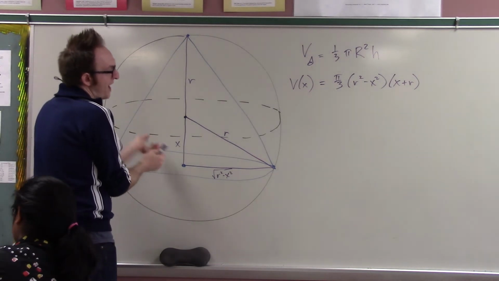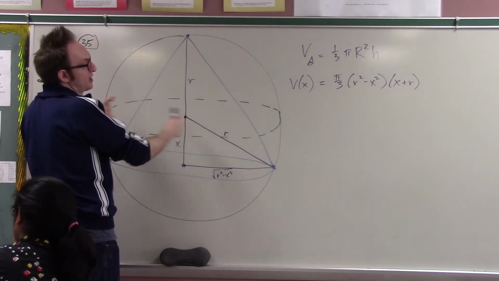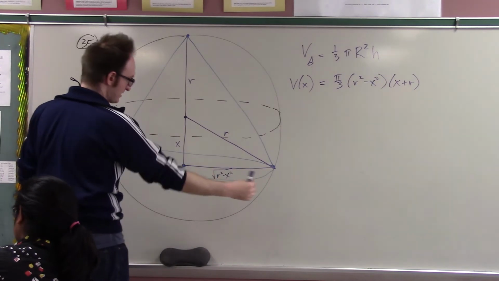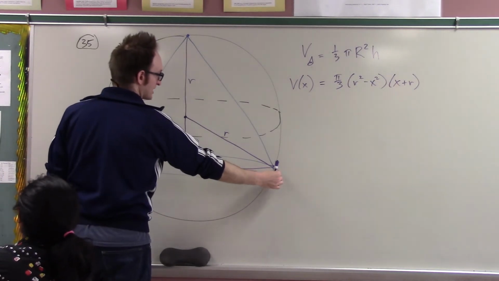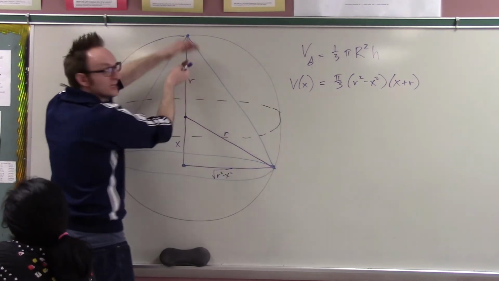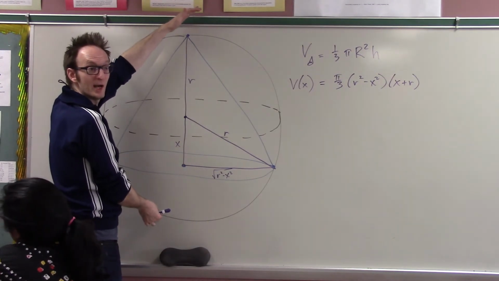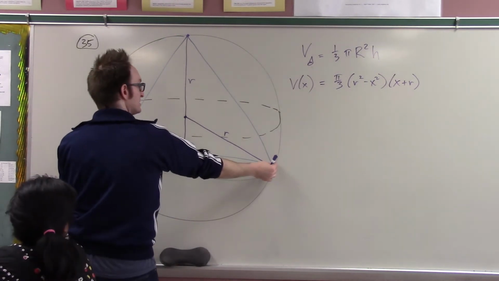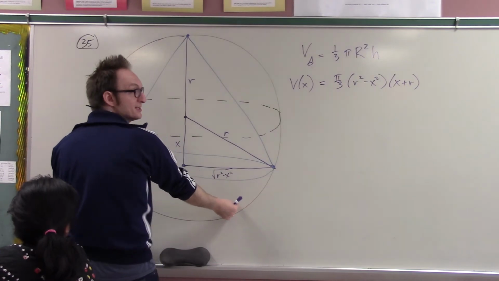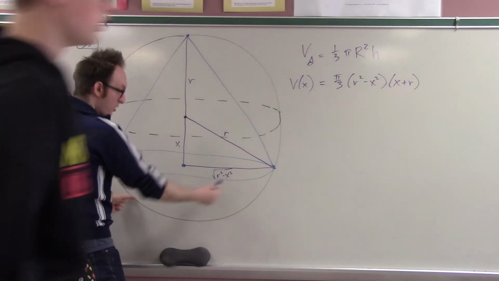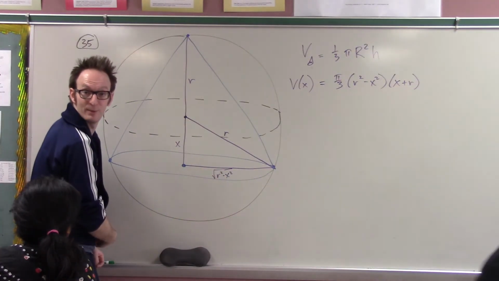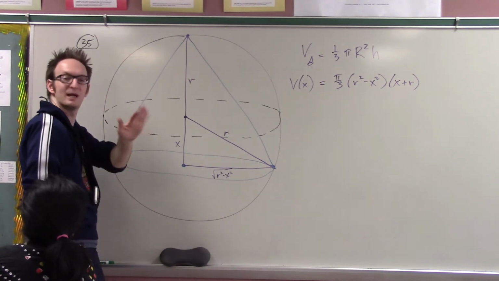Why is this such a hard problem, finding the largest cone that fits? If you try to make the cone taller, then as you pull these two points down, yes, the cone gets taller, but now the radius of the cone gets smaller. And so that's bad.